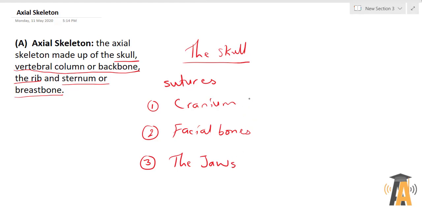So the cranium is also known as the brain box, because this is what holds or contains the brain.